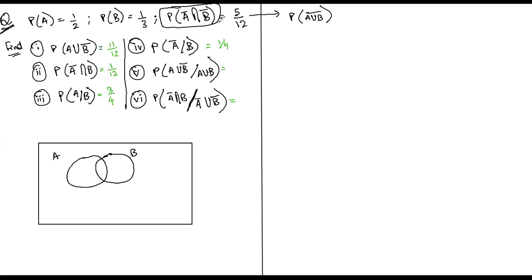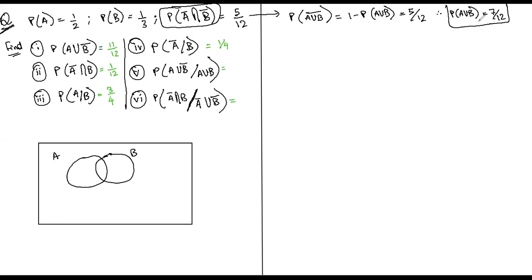Am I right? Probability of A conjugate intersection B conjugate is probability of A union B whole conjugate. So this is 1 minus probability of A union B. Okay, so this is given as 5 by 12. Hence, probability of A union B will be 7 by 12.